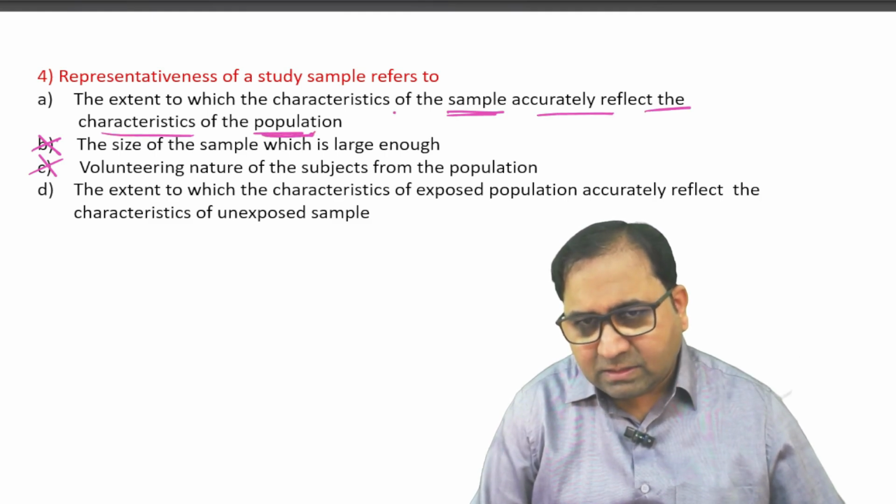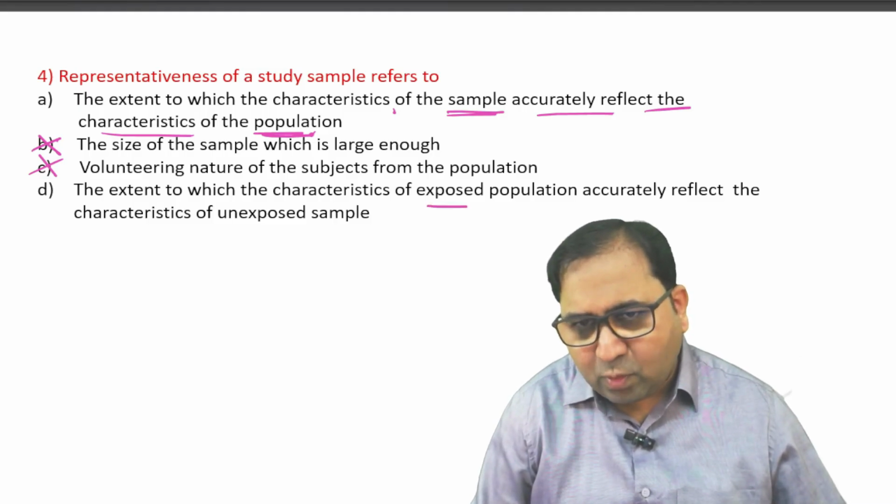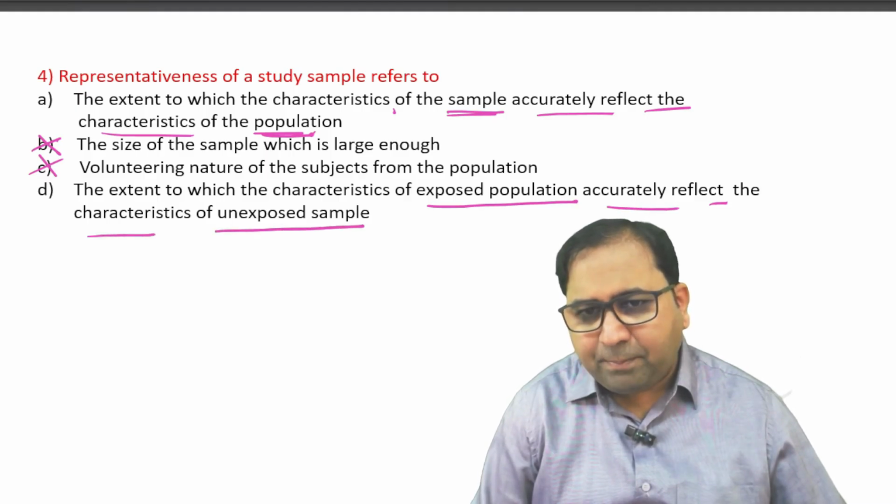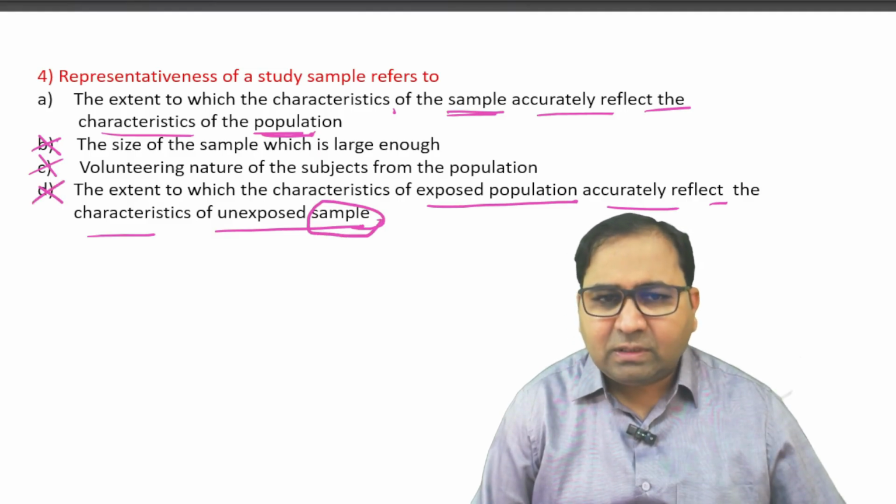Is this the statement? Or the extent to which the characteristics of exposed population accurately reflect the characteristics of unexposed sample they mentioned over here. So therefore even this is not the statement.